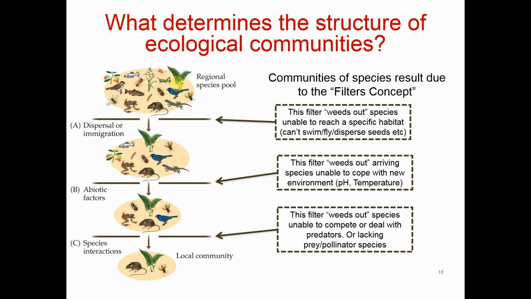So we start off with our regional species pool. Each of these species, to get to the local community, has to pass through the dispersal filter. Then it has to pass through the abiotic filter. Then it has to pass through the biotic filter. And then we end up with our local community.